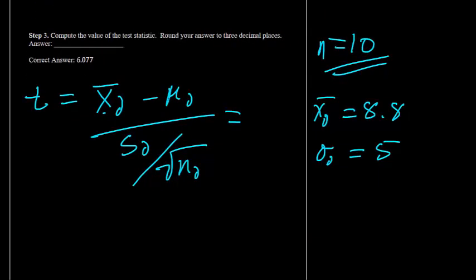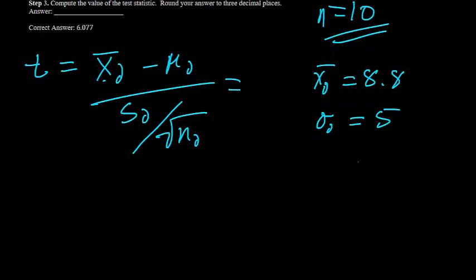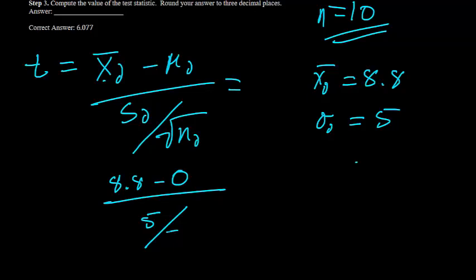So mu is going to disappear here in a minute. So this is going to be 8.8 minus 0 over the standard deviation, 5, divided by the square root of 10.